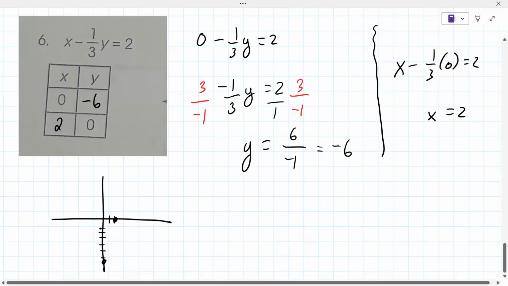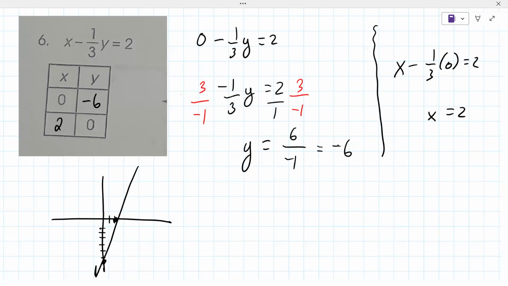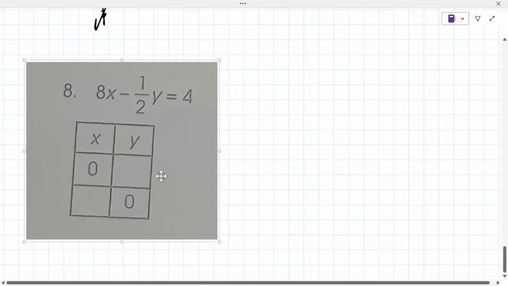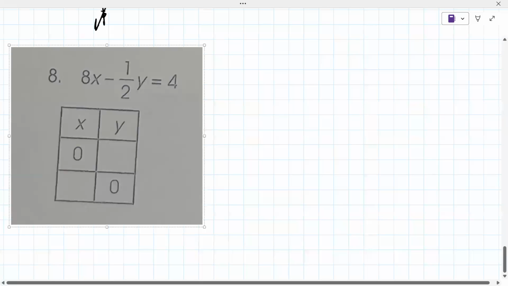It looks something like that. Done. All right. Okay. Let's see here. I'd like you to try the next one on your own, number 8. It's a good chance to see if you've got it all down. So let me know what you come up with for each of those, please.